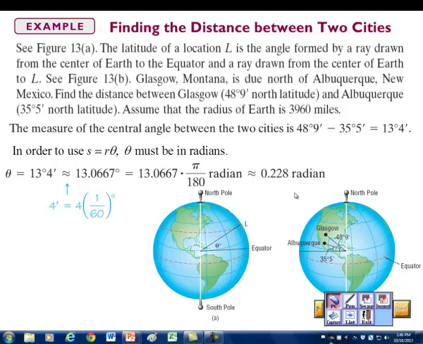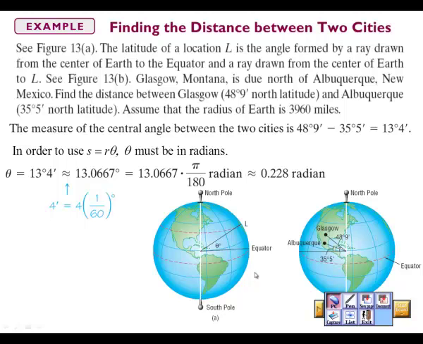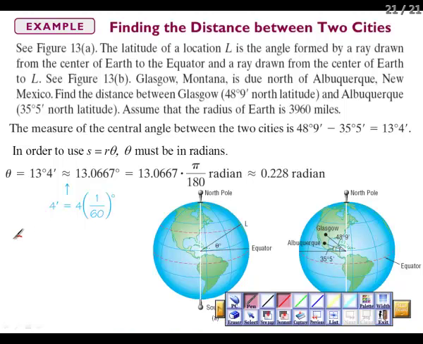Now we can use the S equals R theta equation. So we use this 0.228 radians, that's our theta, times the radius of the Earth, which is 3960.